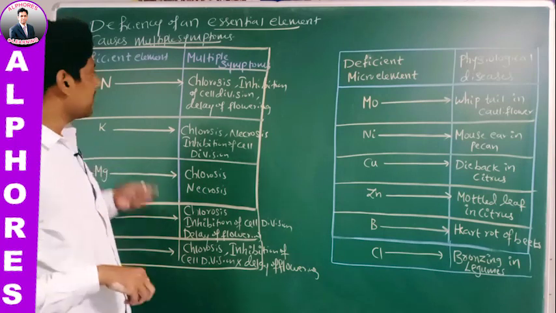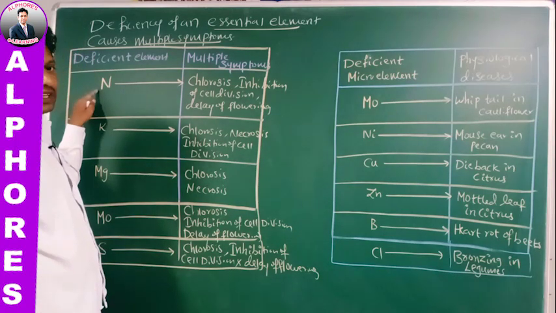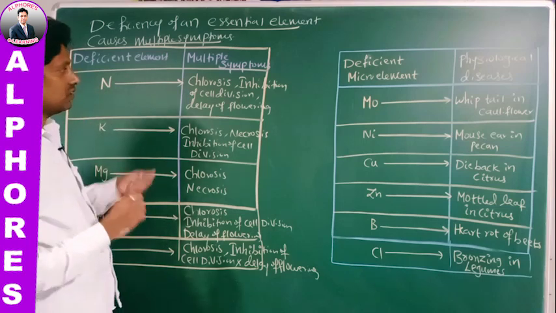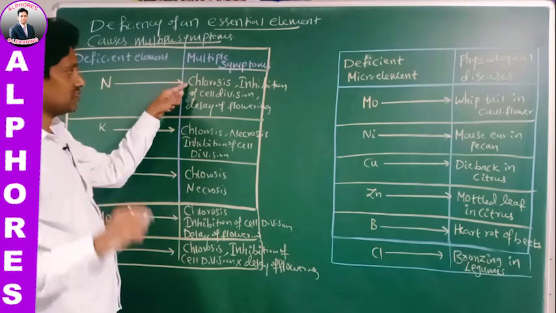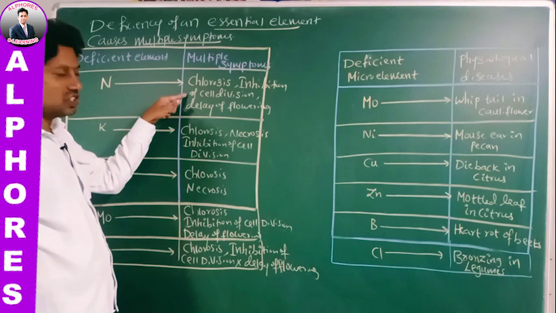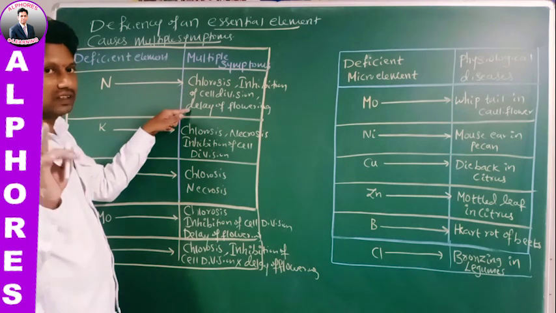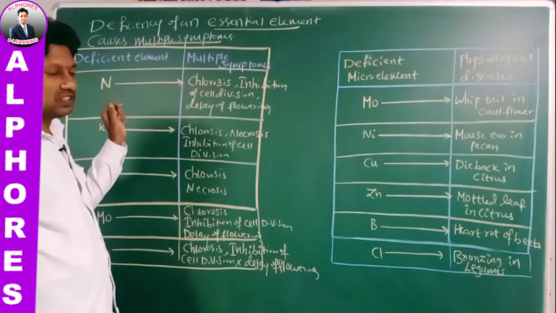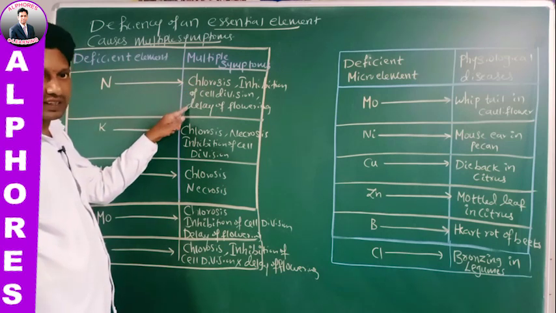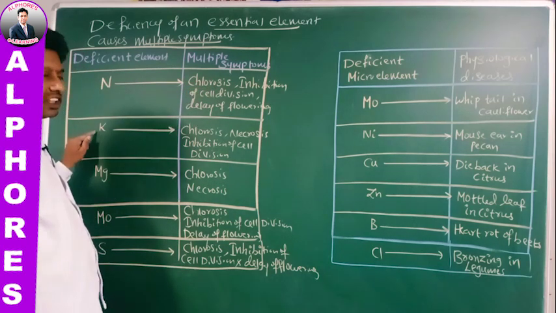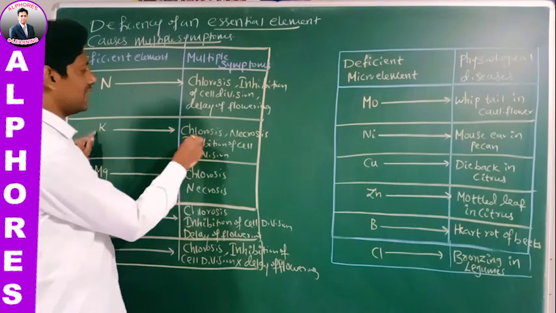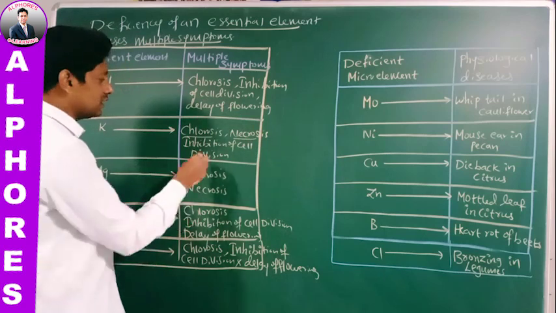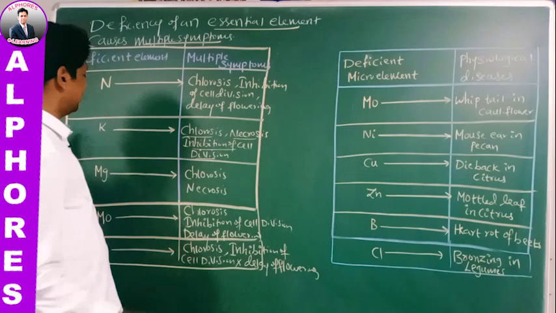For example, if nitrogen is deficient, in the plant chlorosis, inhibition of cell division, and delay of flowering are seen. If potassium is deficient, the plant shows chlorosis, necrosis, and inhibition of cell division.